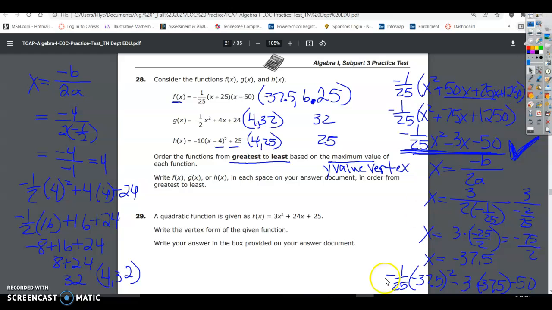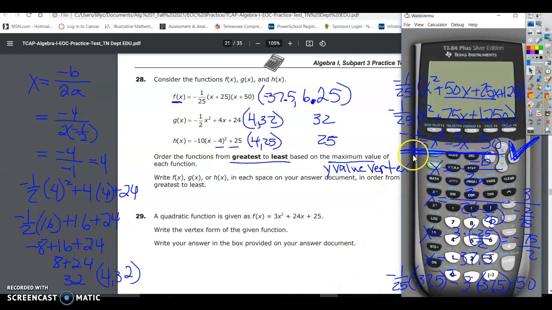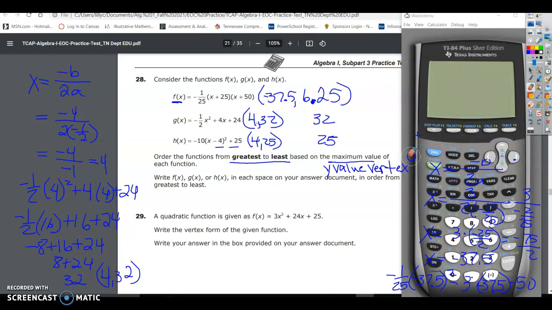So let's look at the calculator and see if I can graph this. Let me get rid of some of this work here. That'll at least allow me to see some of the stuff on my calculator.